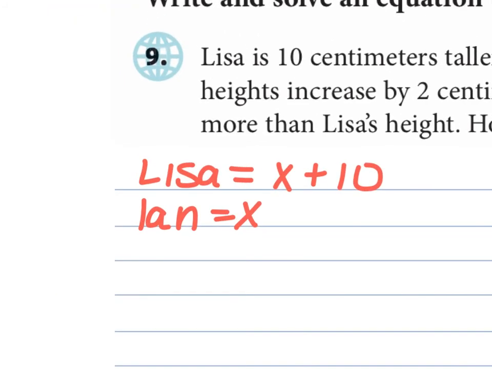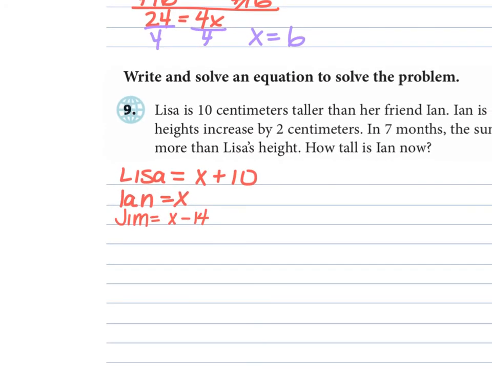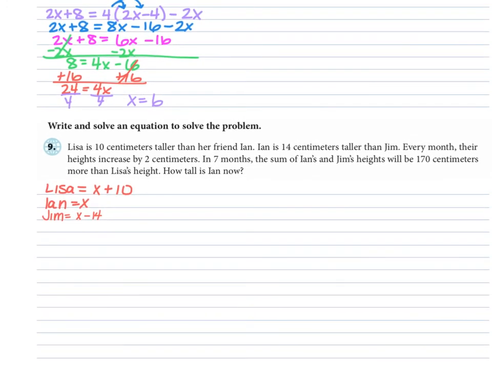So Jim is x minus 14. Then it tells us every month their height increases by 2 centimeters. Okay, so if every month it increases by 2 centimeters, Lisa would be x plus 10 plus 2, Ian would be x plus 2, and Jim would be x minus 14 plus 2.